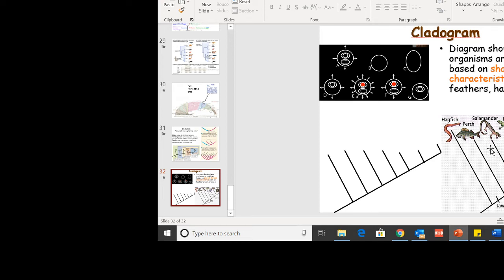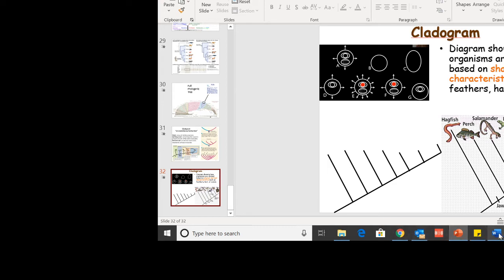So salamanders, fish, and hagfish don't have claws or nails. And so everything after this should retain that characteristic. Notice feathers is on the actual branch itself. That's because, as you look further on, like chimps and mice, they don't have feathers, obviously. So this trait was derived after it branched, essentially, is what that sort of means on your cladogram there.